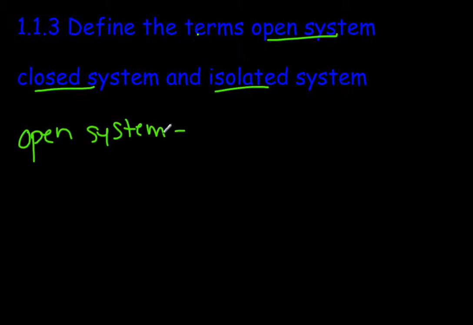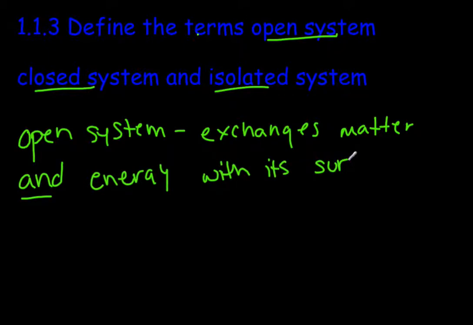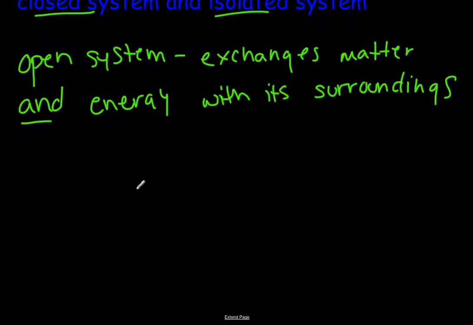And what an open system means is that this system exchanges matter and, this is our key, and energy with its surroundings. So for me, I like to think of kind of like a forest.